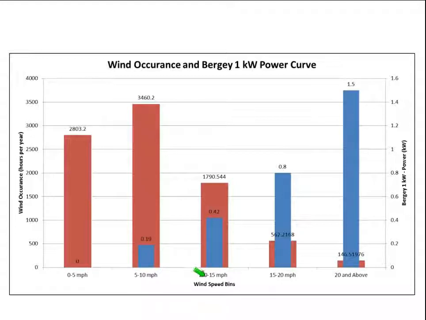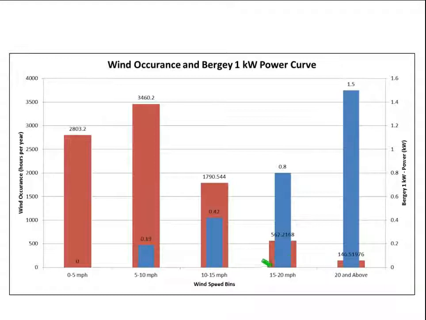We have 1,700 hours a year where it's 10 to 15 miles an hour, and it'll produce about 0.42 kilowatts at that time. Again, now we're getting into some higher wind speeds. We're producing a lot more, but there's not as many hours that we're producing that. And again, above 20, boy, we can produce a lot, 1.5 kW, but only for 146 hours a year.